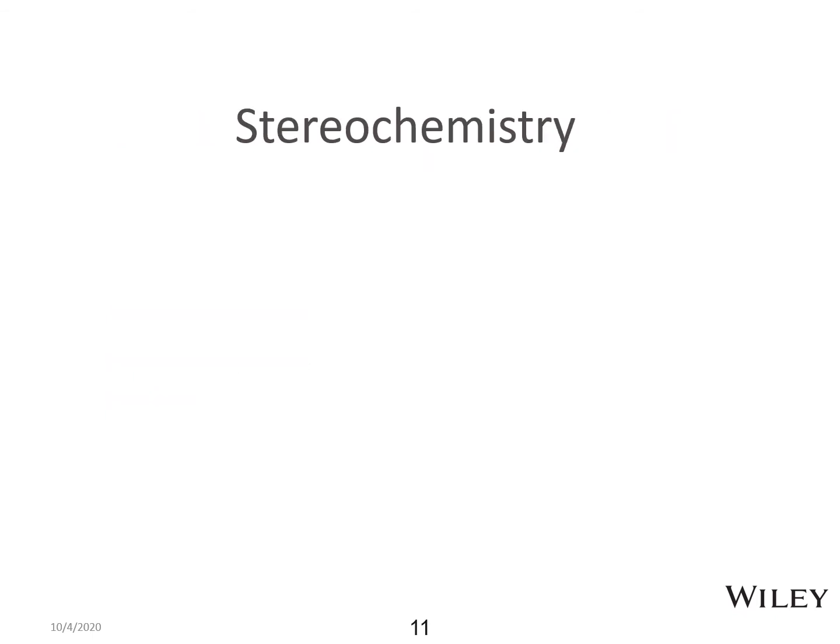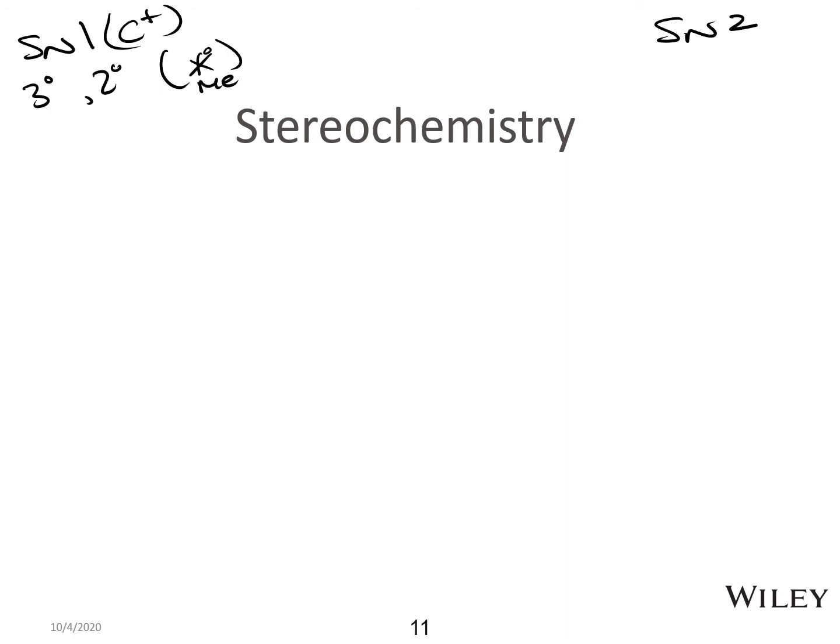So in terms of substitution reactions, we have to be concerned with stereochemistry. Before we step into stereochemistry, in terms of SN1 reactions versus SN2, based on the mechanism, the fact that we have to form carbocations in SN1 means the more stable carbocations are going to be more likely. So tertiary carbocations can react, secondary carbocations, but you're never going to see primary or methyl carbocations doing SN1 reactions.